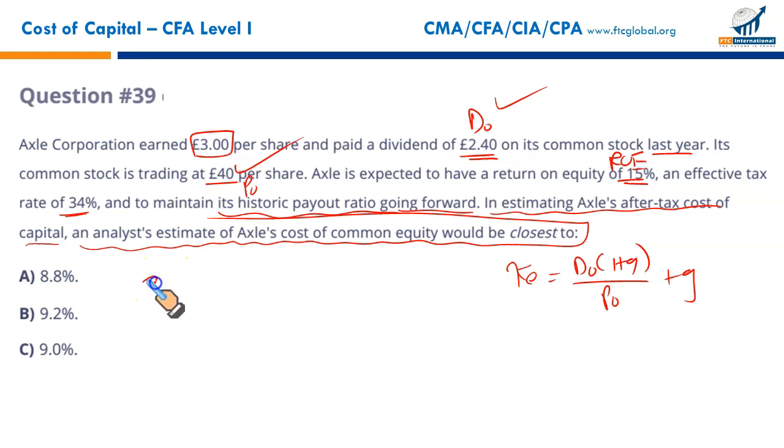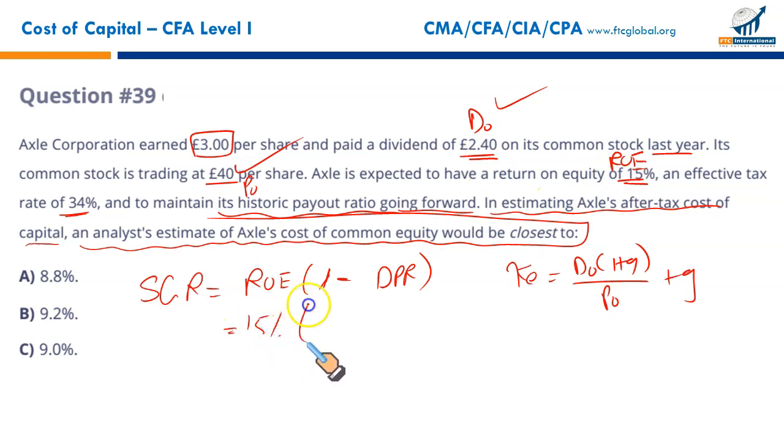Sustainable growth rate, SGR, yes. Return on equity times 1 minus the dividend payout ratio. Return on equity has been given as 15%. Dividend has been paid 2.4 out of the total earnings of $3 per share. 2.4 is what percentage of 3?